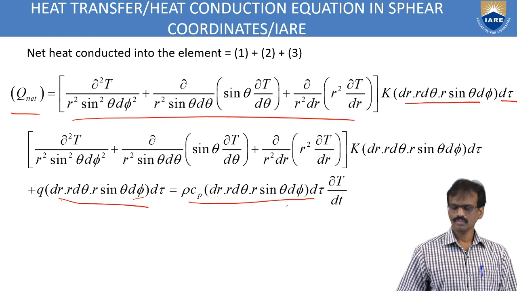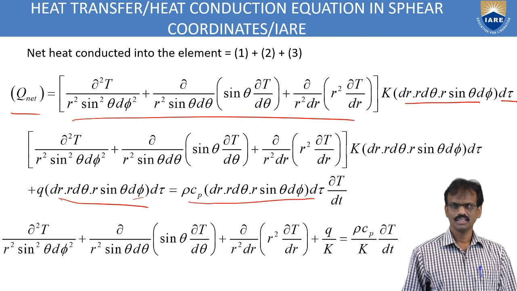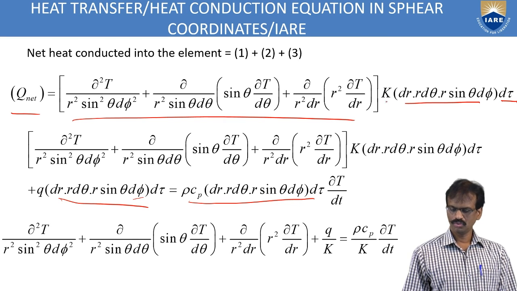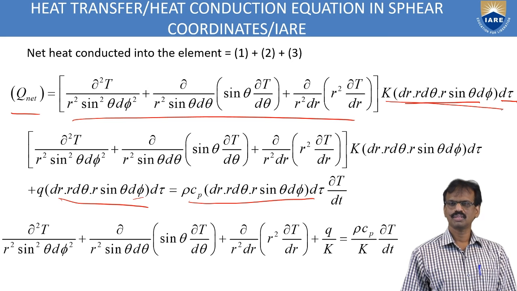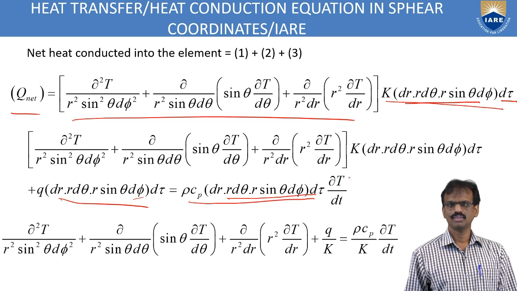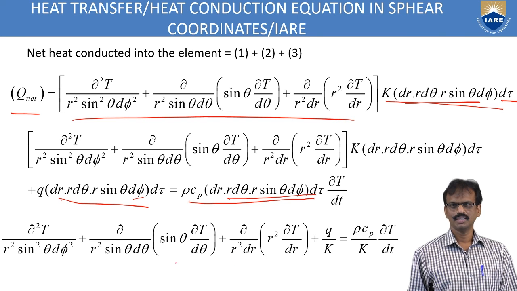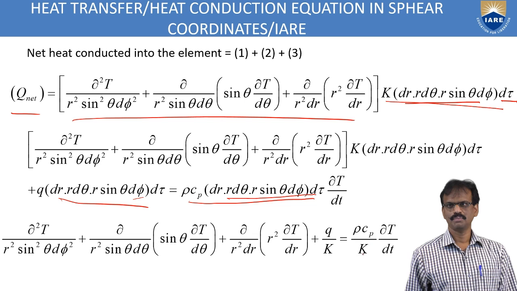Okay. So we can write like this one, because here also volume is common. So here also volume is common. Okay. So then if you take the volume common, if you cancel that one, the equation will be like this one. Okay. So q by k is equal to rho Cp by k into dou t by dou small t.